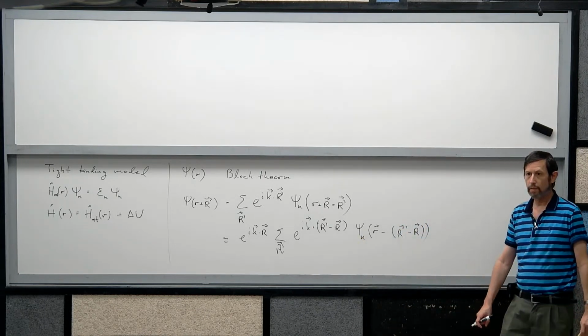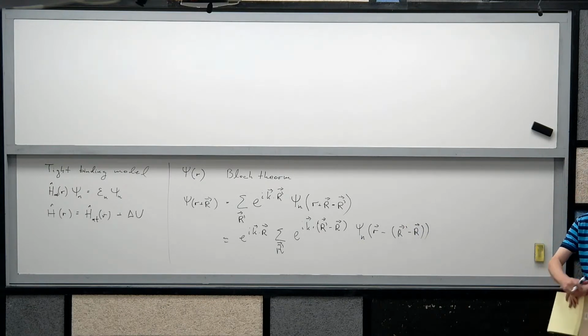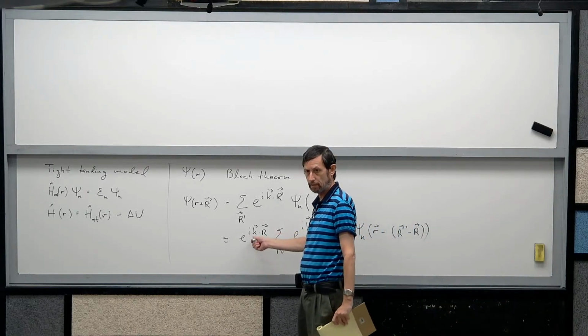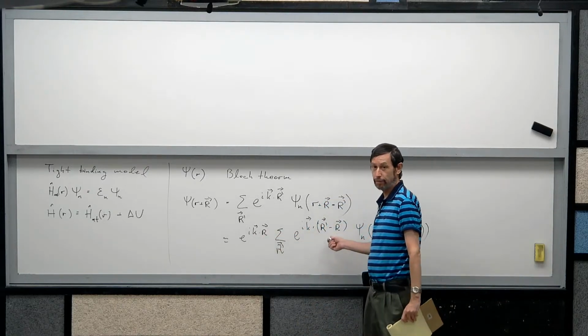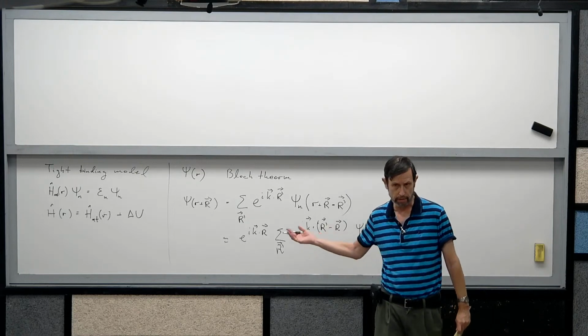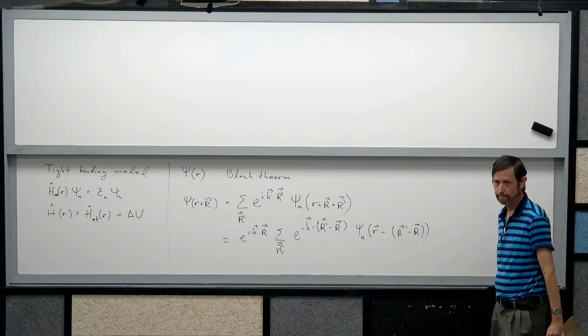What did I do here? I just multiplied by e to the ik dot r and then by e to the minus ik dot r.